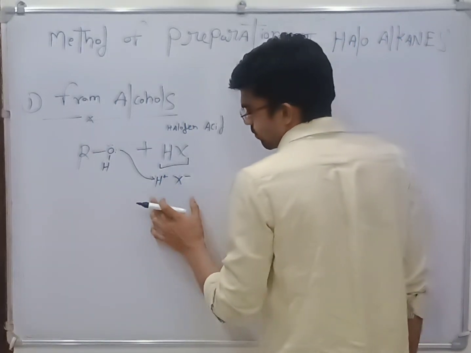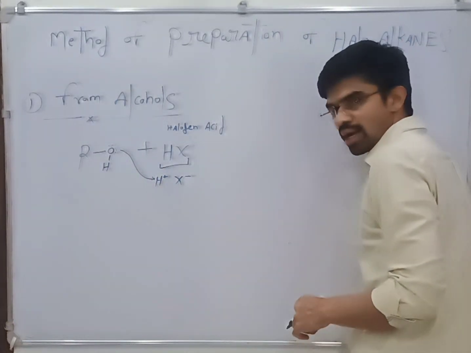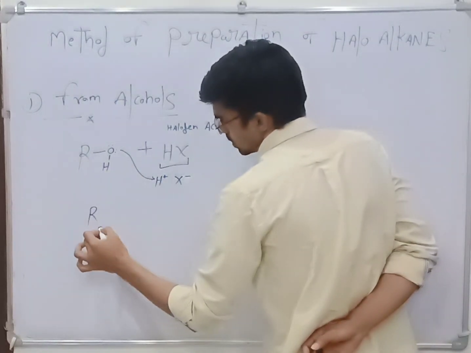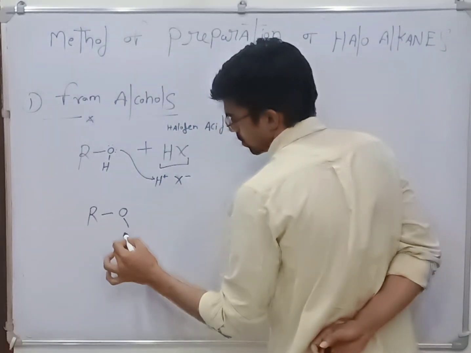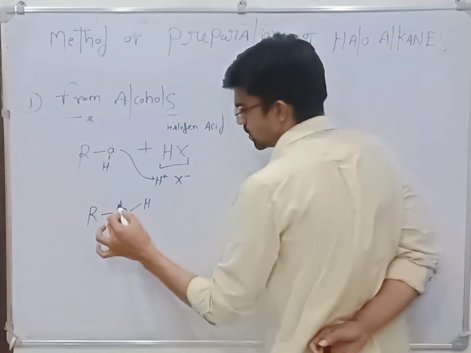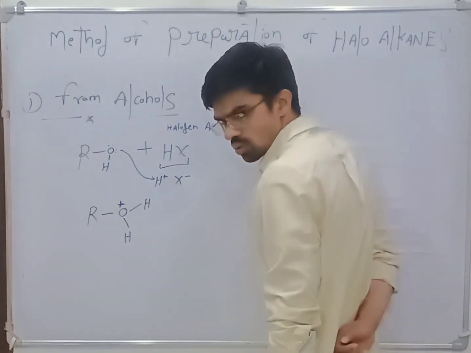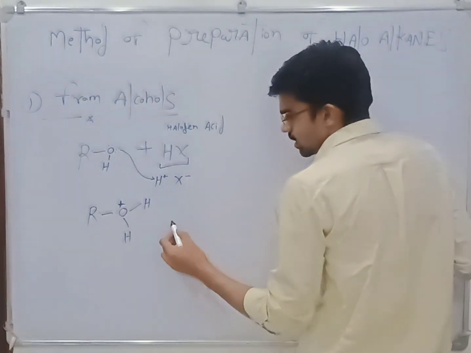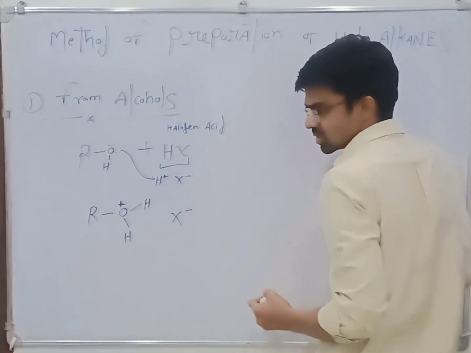It will form a bond with H plus, so it will become ROH2 plus, and positive charge will be developed on oxygen. And here we have this X minus.